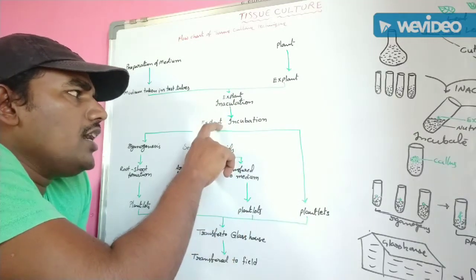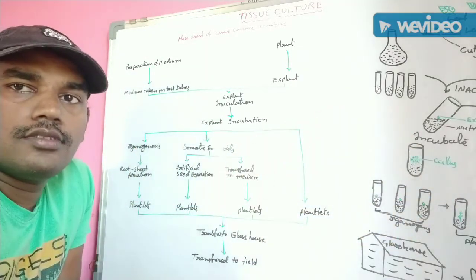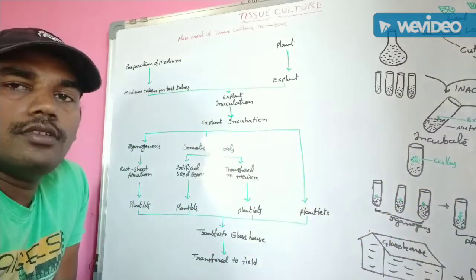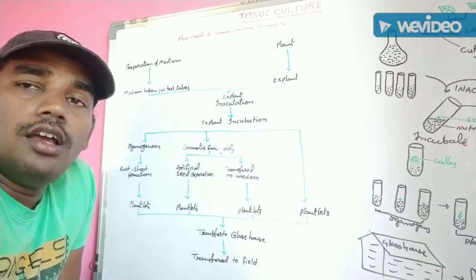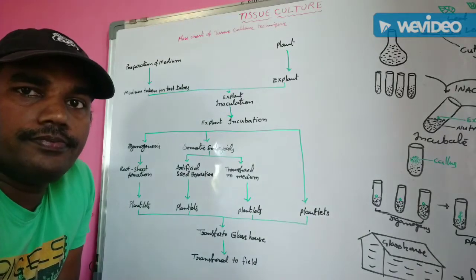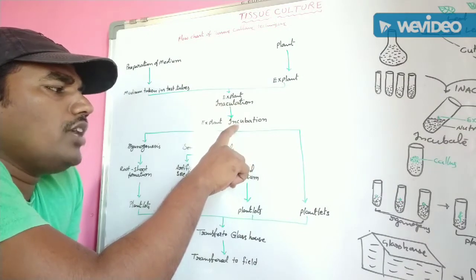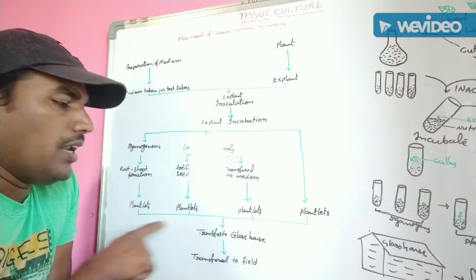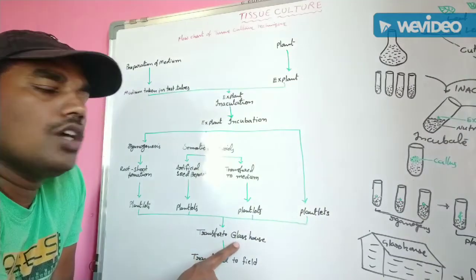Sometimes the explant does not form callus. It directly forms plantlets with the help of the growth regulators in the nutrient medium. So finally, after inoculation, the explant gives plantlets. These plantlets are transferred to the glass house.